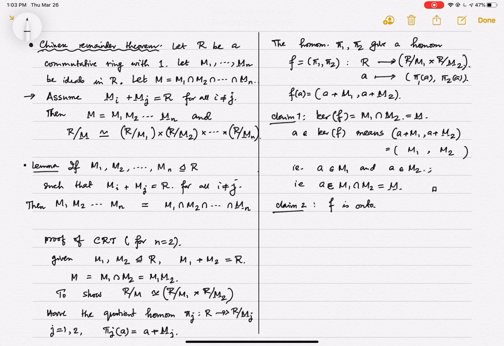This is where you have to think a little bit, probably, if you're trying to come up with this proof. And this uses the fact that M1 and M2 are comaximal.